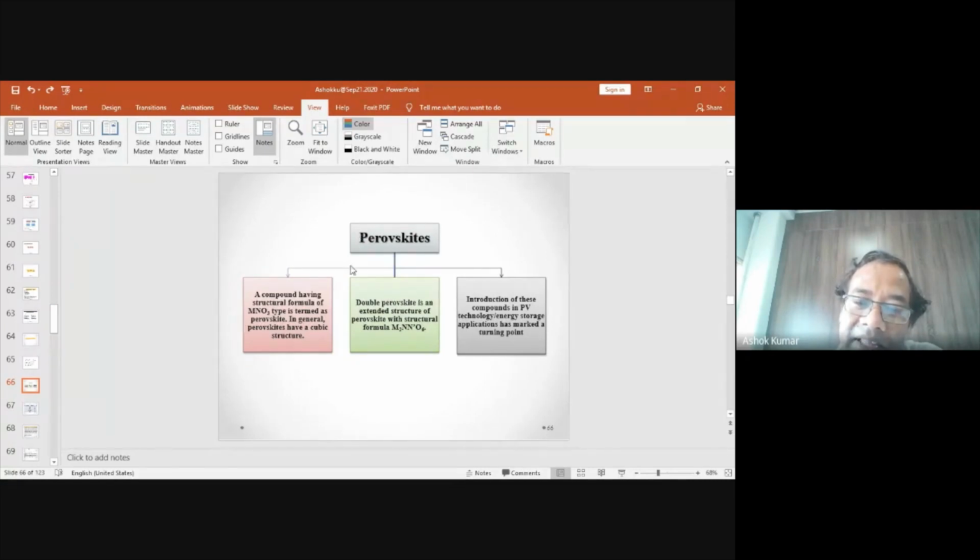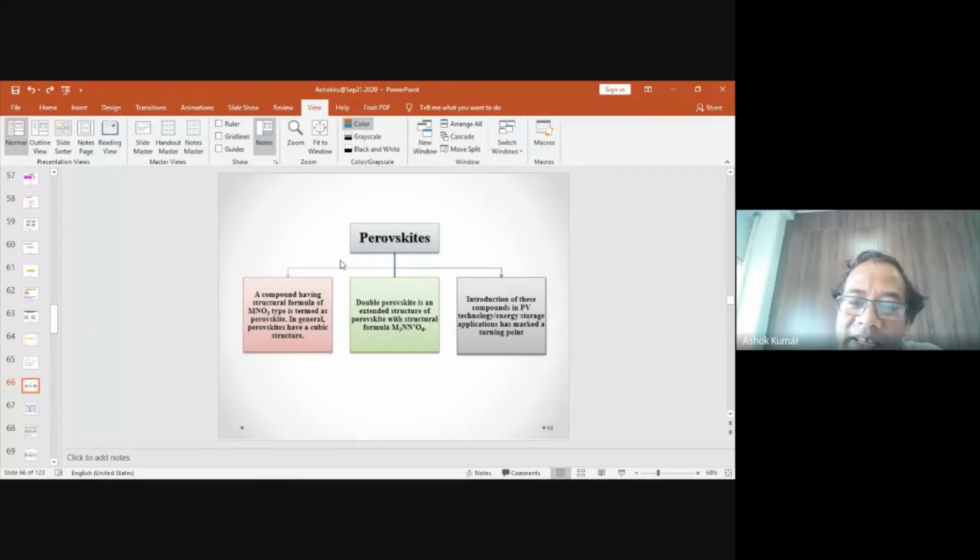And in respect of Perovsky, this German scientist named that structure the perovskite structure. So any material which has a similar structure like CaTiO3, those materials are known as perovskite materials.